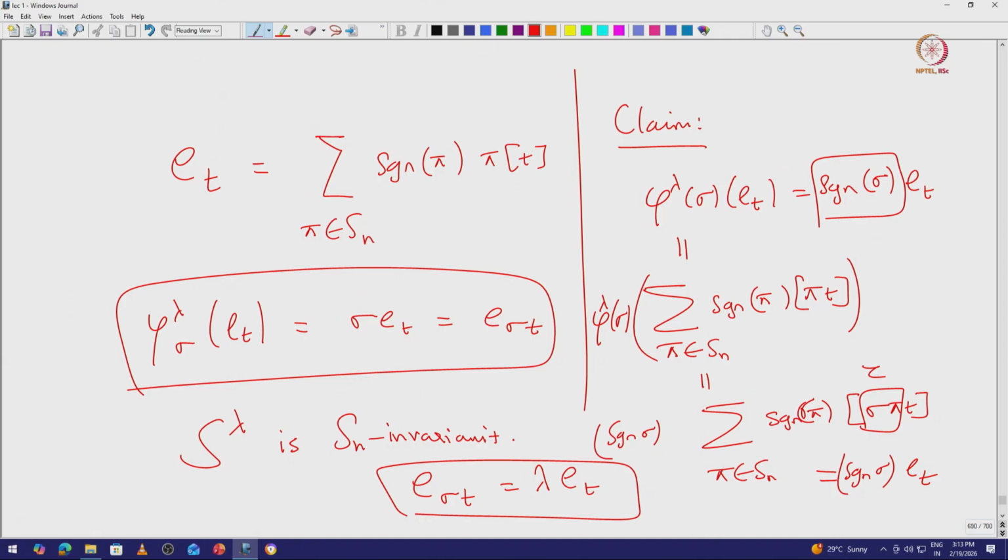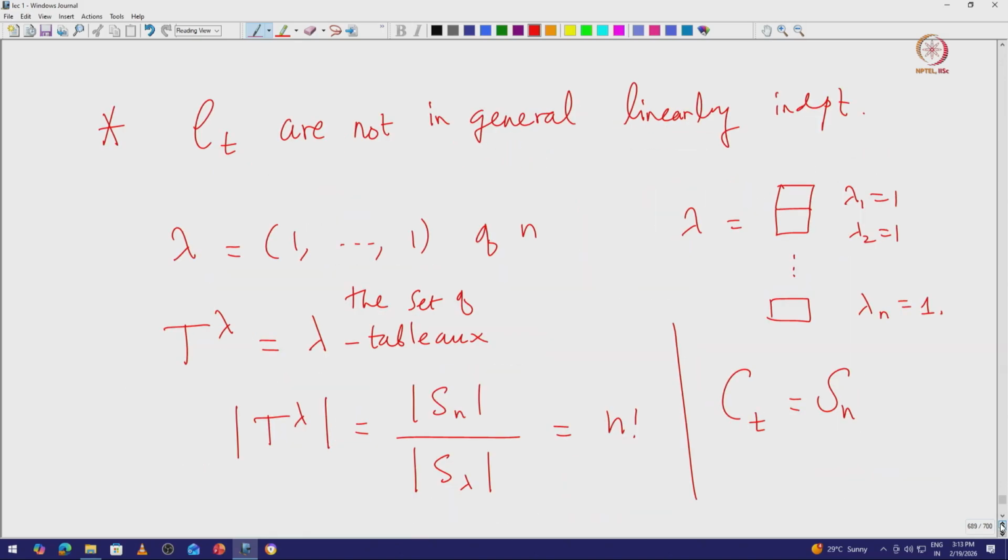So, this tells us that we have only one tabloid and all other tabloids are related to the one tabloid that we started with, E t. Okay, this means the tabloids are not necessarily linearly independent. So, this gives some idea about how to work with this S lambda.